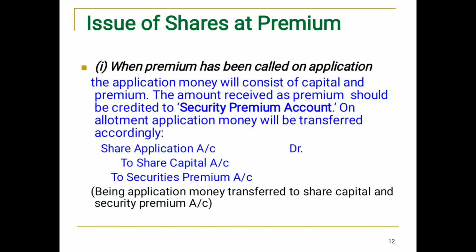Second journal entry will be this way. Till here the journal entry is the same, just like the previous topic. And here an additional amount of securities premium, meaning those extra 2 rupees, will be transferred here, along with the application money, and the amount of both will be considered in the debit. And the first journal entry, which I said remains the same, will be written with the value considering both these amounts. Okay?